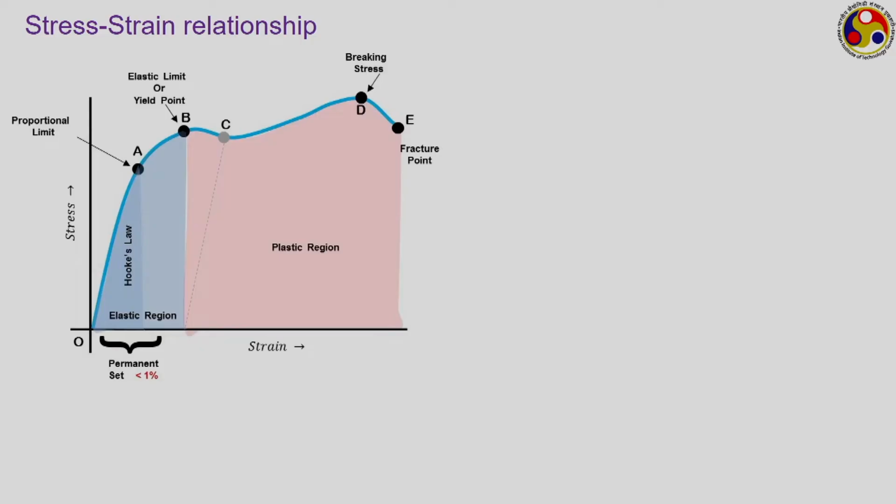The first thing we have to talk about is of course the stress strain relationship, where this curve I am sure all of you must have seen several times very early in your course. You know that within a particular limit, which we generally call the proportional limit or the elastic region, stress and strain are proportional to each other, represented almost by a straight line, where Hooke's law is applicable.